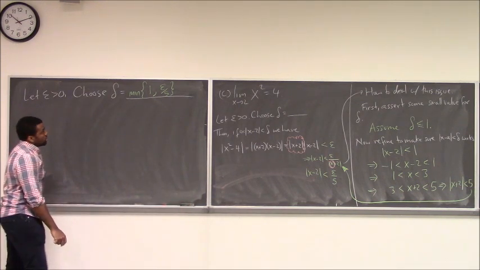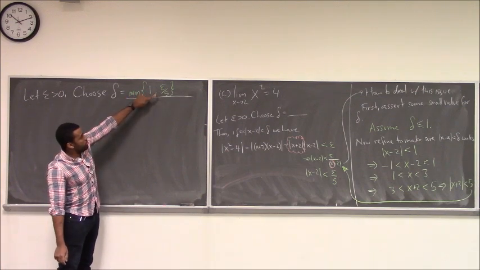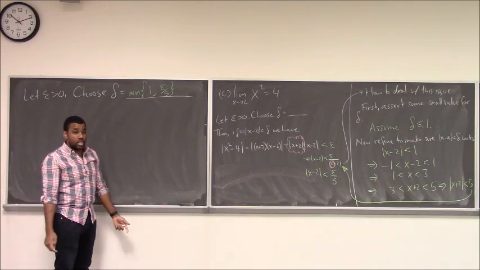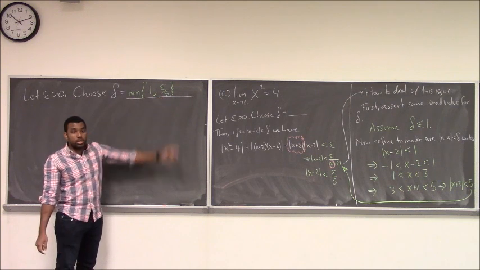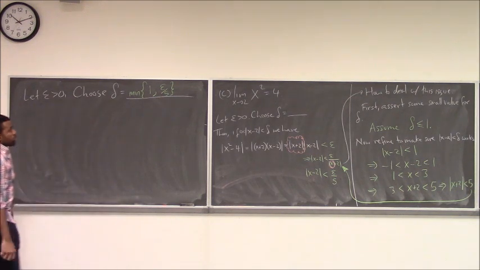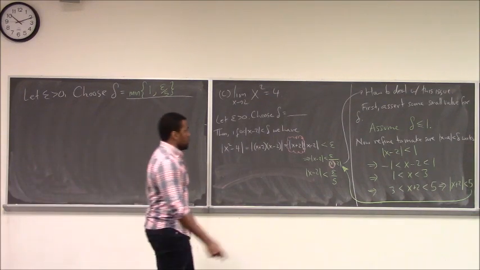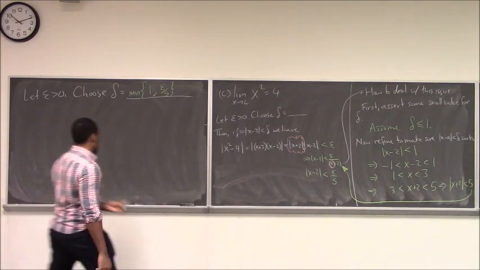In other words, once your epsilon is larger than 5, choose 1. If your epsilon given is less than 5, choose epsilon divided by 5. So now you have a choice of deltas, but they're very specific choices. Either you're going to pick 1, or you're going to pick epsilon over 5. Pick the smallest one. That will ensure that your inequality is going to hold.